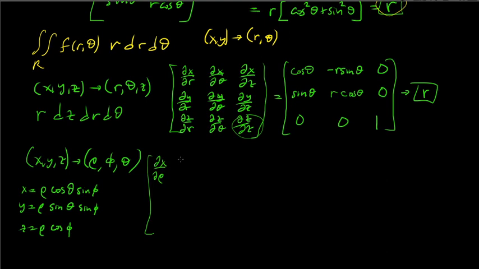with x with respect to rho, x with respect to phi, and x with respect to theta. And then the same for the y partials, right? Or the partial of y with respect to the same three variables.